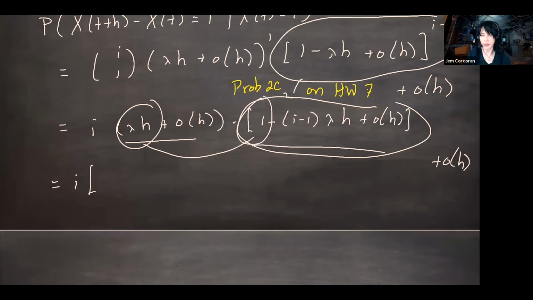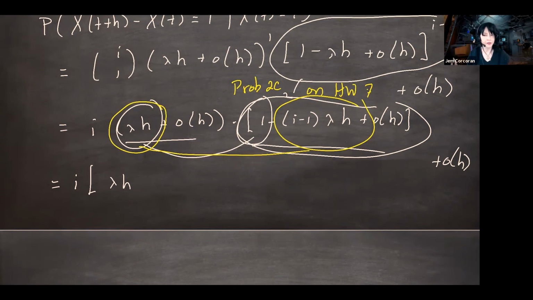And that is not a little o of h term, because if you divide that by h, you get lambda, and that should go to 0 as h goes to 0, but it's not going anywhere. So we get lambda h, and then I'm going to use a different color. Lambda h times this has h squared in it, and that is a little o of h term. And anything with powers of h, 2 or higher, is definitely little o of h.